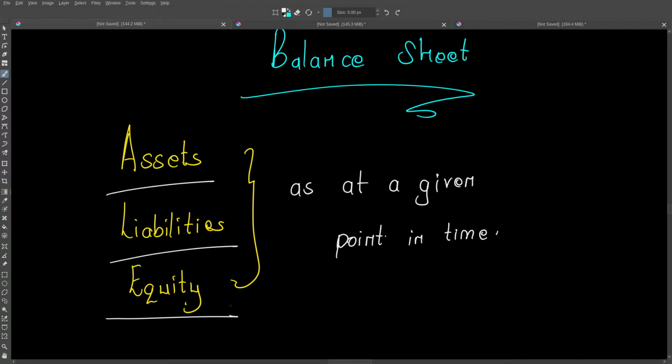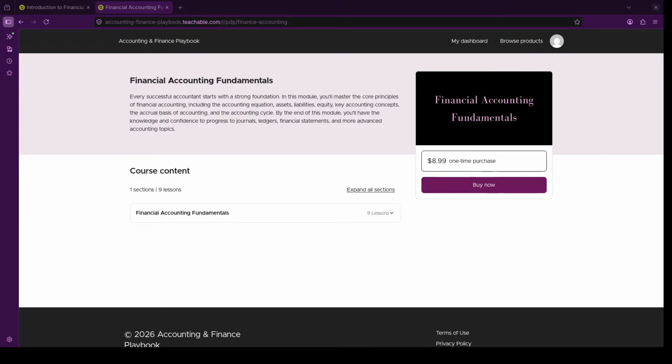To understand better what assets, liabilities, and equity are in a business, we can check the course we launched this week. It defines what an asset is, what a liability is, what equity is.